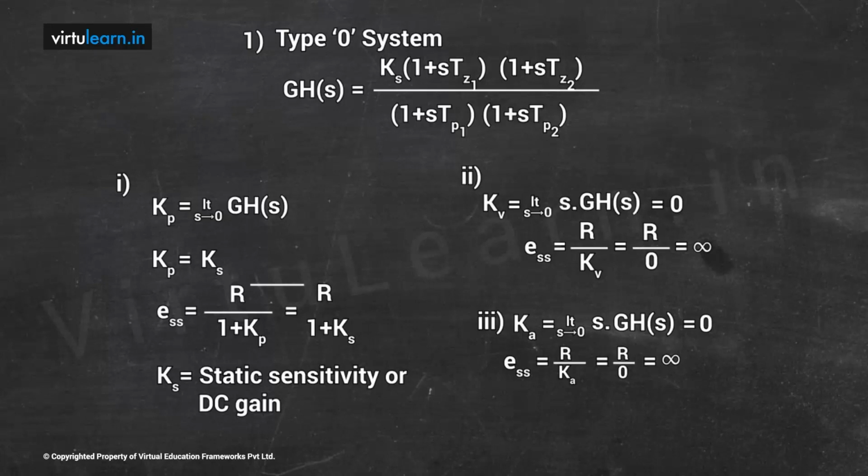Whenever s is 0, all the terms are going to be 0. In the numerator you will get Ks into 1. In the denominator again I have 1 plus s Tp1, 1 plus s Tp2. So whenever you substitute s tends to 0, the denominator will have only 1. So what will be the Kp now? Kp is equal to only the Ks constant. What is Ks? Ks is the static gain or DC gain or static sensitivity of the system.